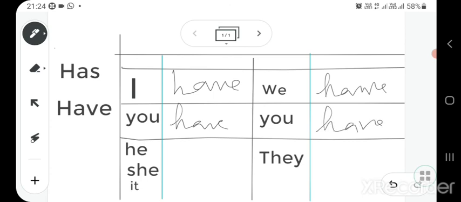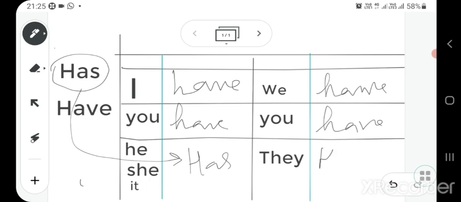But only in that case where a third person singular noun is considered, has will be used. That means he has, she has, it has. And if there is any third person noun like Mohan, Sohan, etc., if it is a singular third person, then it will be followed by has. Otherwise, have is there every time.